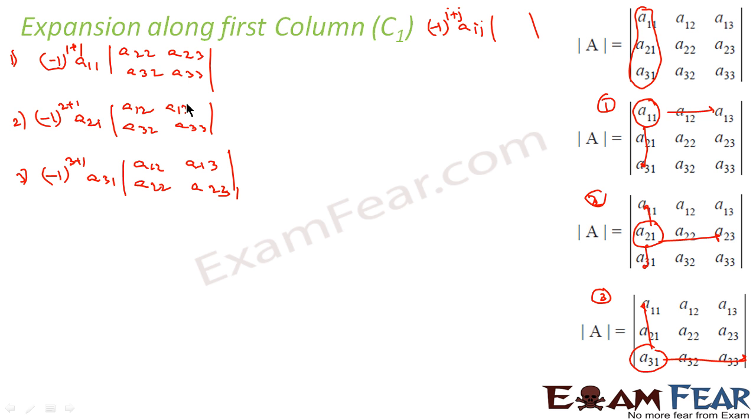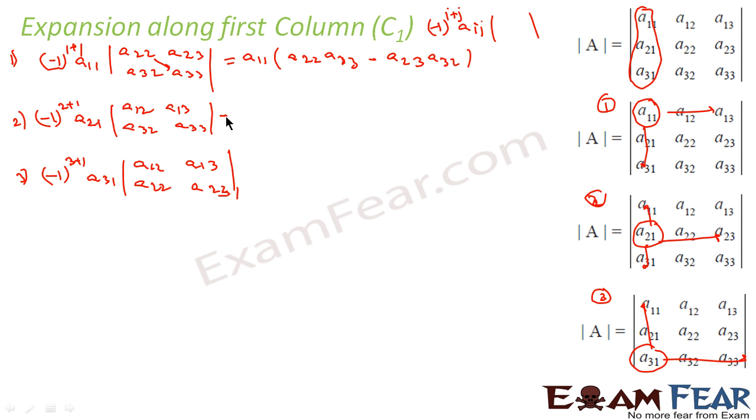I have to add this, so before adding, let's simplify. Minus 1 to the power 2 is 1, so a11 multiplied by the diagonals a22, a33, subtract the remaining numbers a23, a32. Multiply diagonals, subtract remaining numbers.